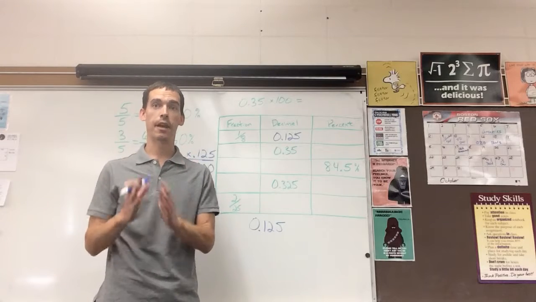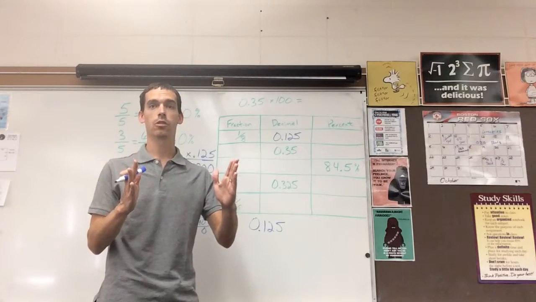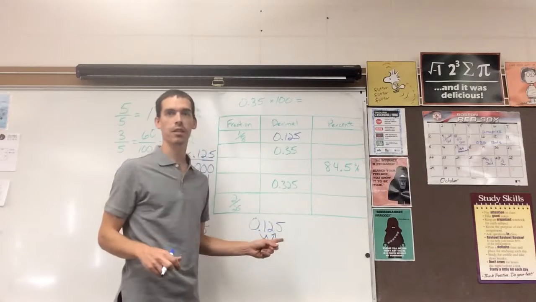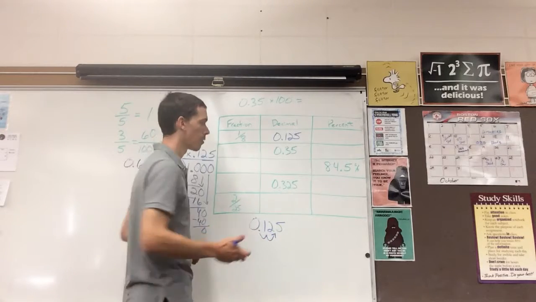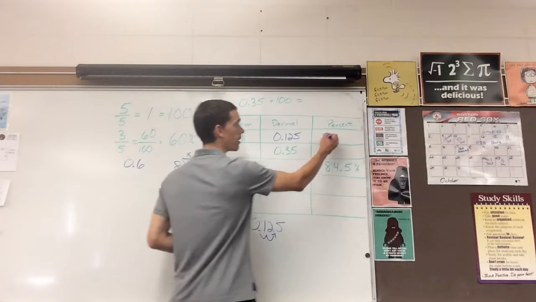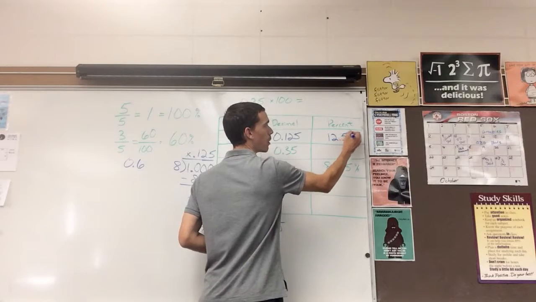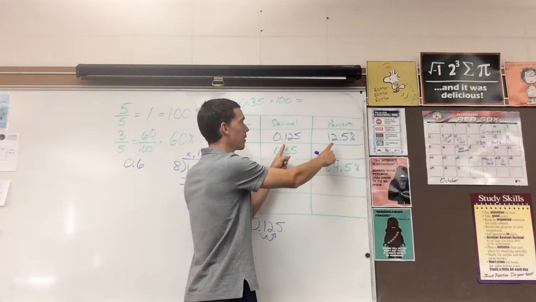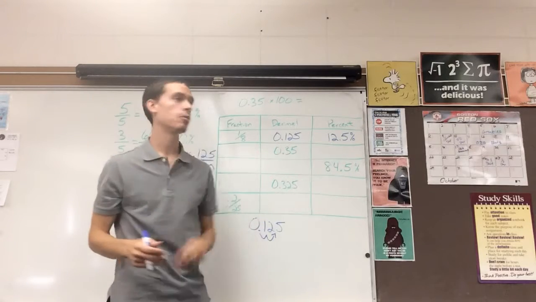We multiply by that. We move the decimal 2 times to the right, because a percent is greater than its decimal form. Our new decimal goes right there, so we get 12.5%. Do you see how similar these two are? The only difference is the decimal moved over 2 spots.